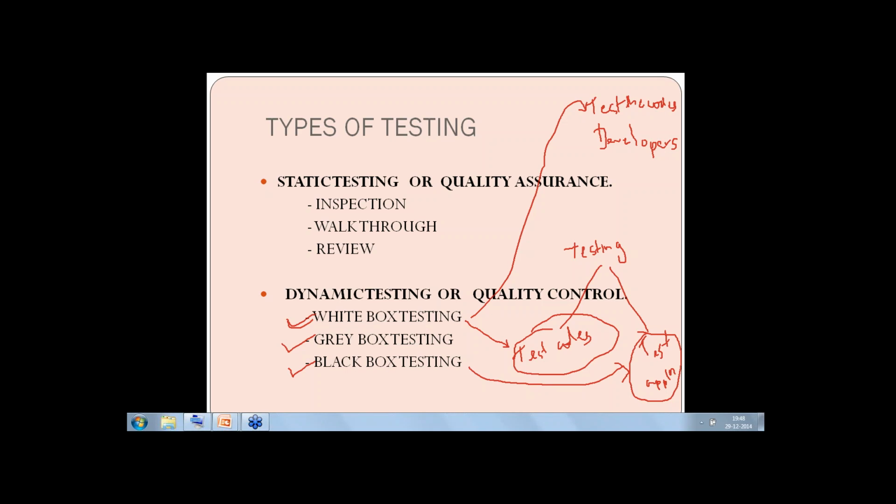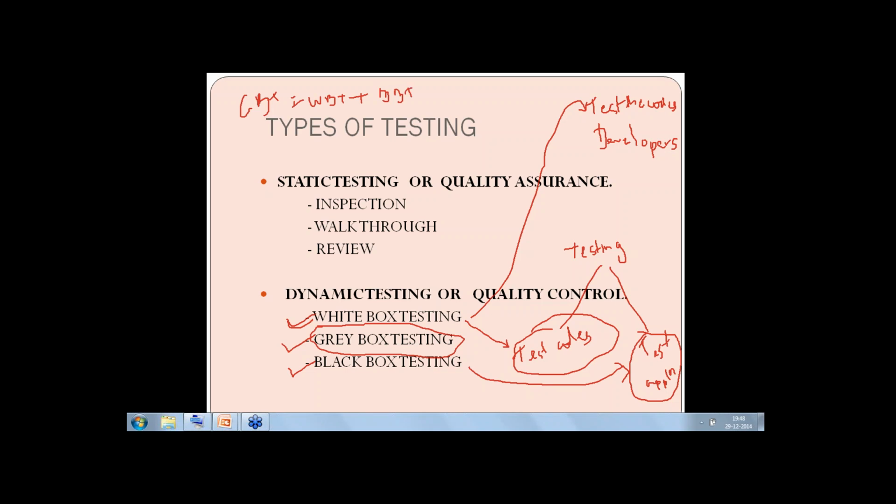Okay. Third part is your gray box testing. And that is why gray box is placed in the middle, because gray box testing is a combination of, it's equal to WBT, that is white box testing, plus black box testing.